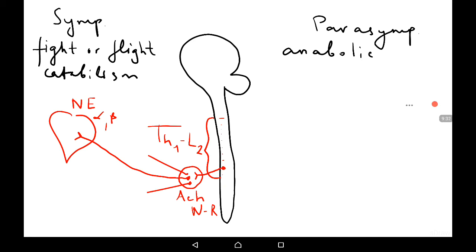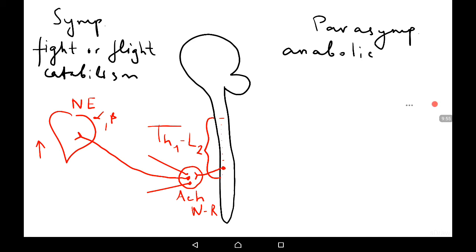For example, it's quite logical. The cardiac activity by the sympathetic nervous system increases. The bronchi dilate because the organism has to respire frequently for exchange of oxygen. So bronchi dilate.